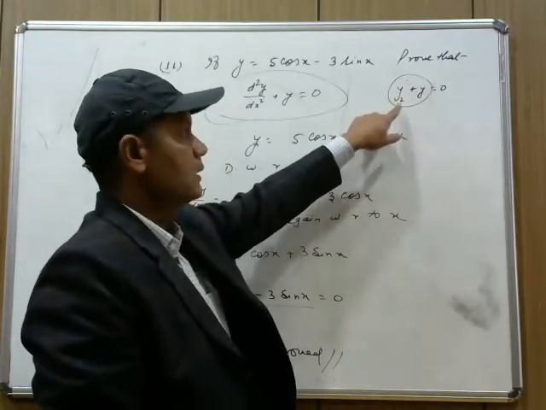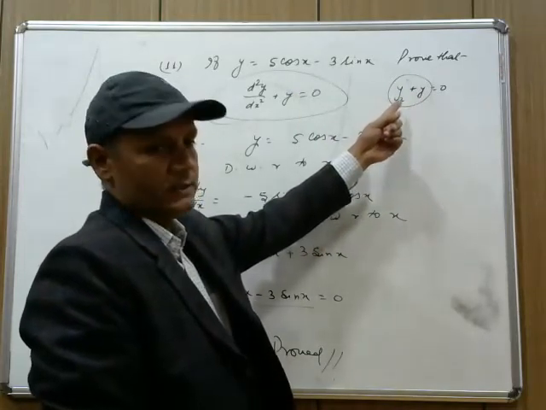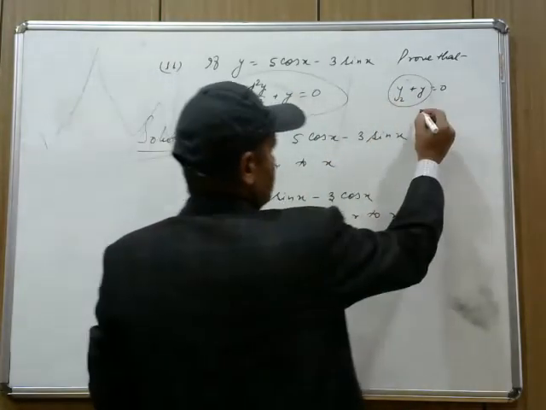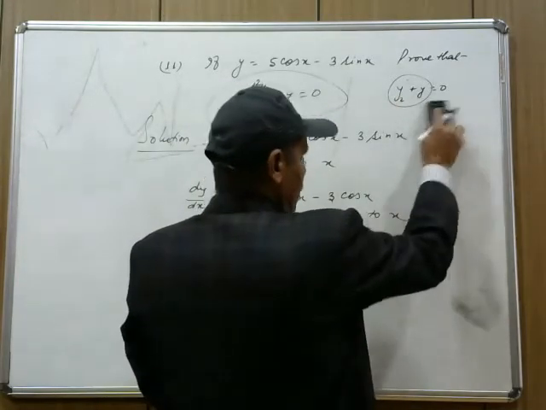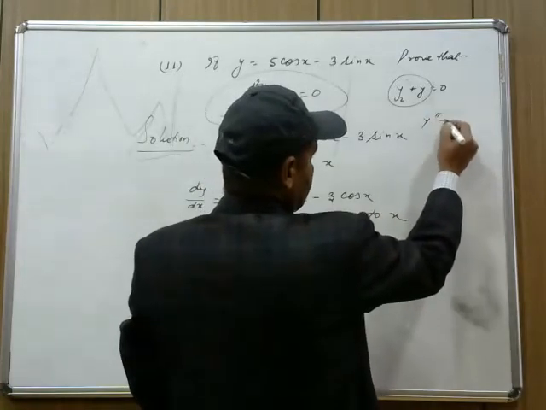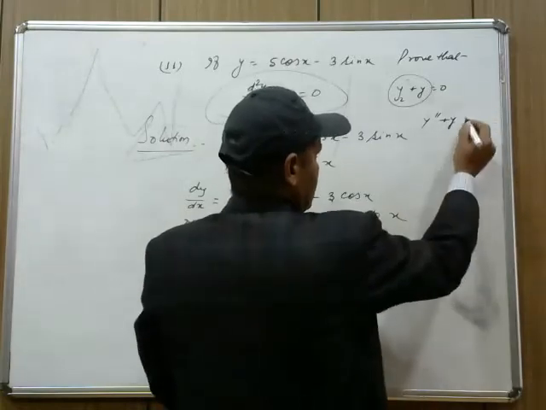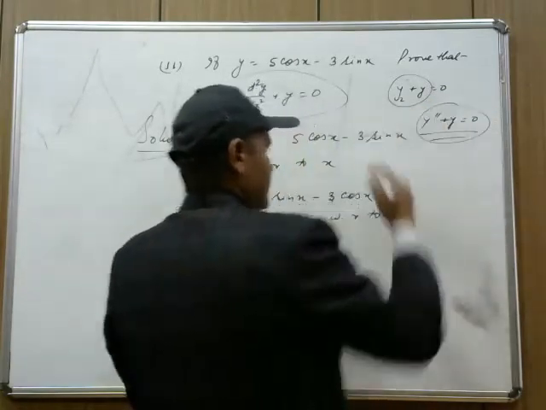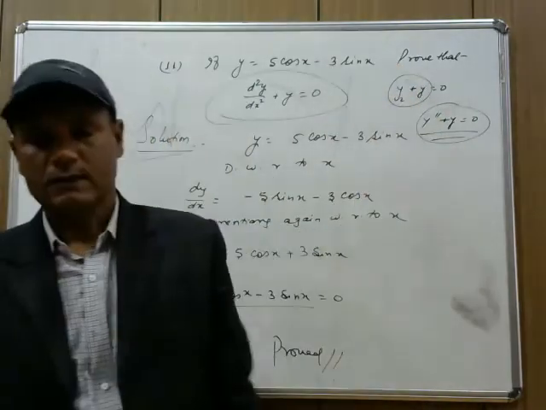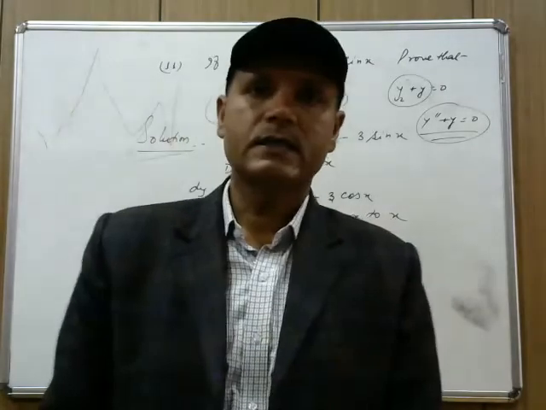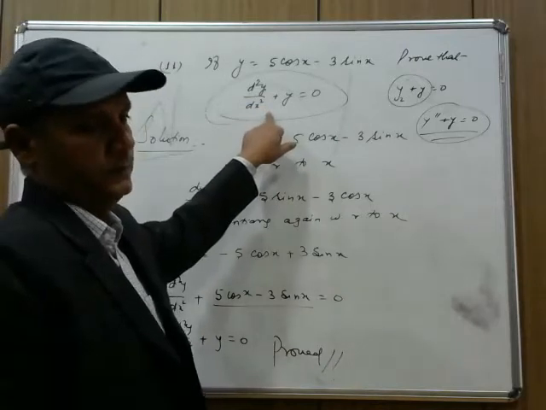Initially I have discussed this is also one of the ways to represent the double differentiation, y2, or it can be written as f double dash of x, or simply y double dash plus y equal to 0. Please remember it. Whenever in the question you see double differentiation or single differentiation, differentiate it and then put the value in the question you have to prove.